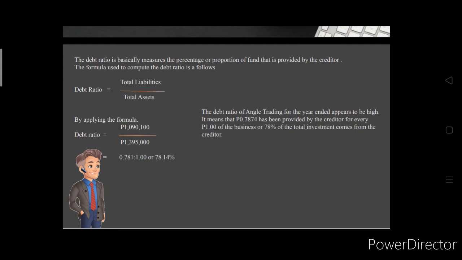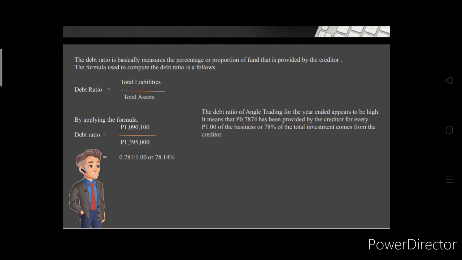By applying the formula, we have debt ratio is equivalent to 1,090,100 pesos all over the total assets of 1,395,000 pesos, which is equivalent to 0.781 to 1, or 78.14%.